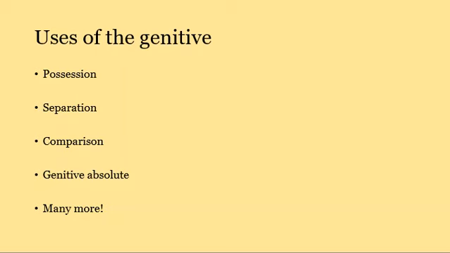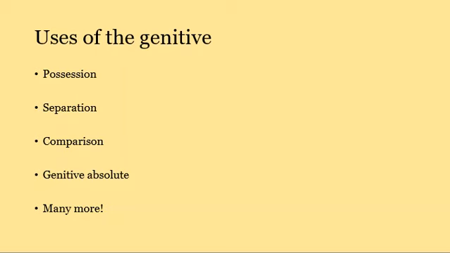And because of that, it's both your best friend and your worst enemy, because sometimes it's really hard to figure out what it's doing, but also it's just such a beautiful thing that it can do so many things for the language. So just to name a few, we have possession, separation, comparison, a special phrase construction called the genitive absolute, and of course, as I've already noted, many, many more things.